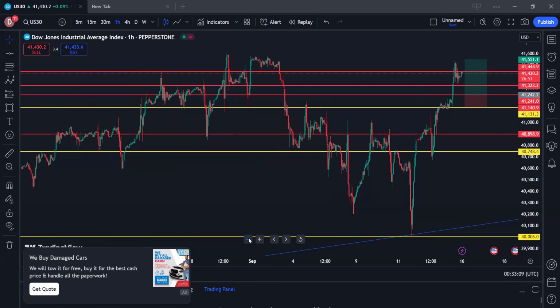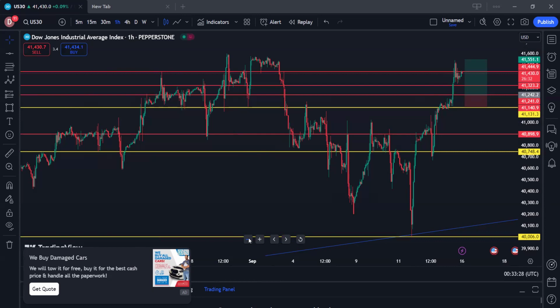You've been seeing that in the past few months, and I've been taking opportunities on that heavily. But yeah, I think US30 and US100 are looking fairly good for buy opportunities.